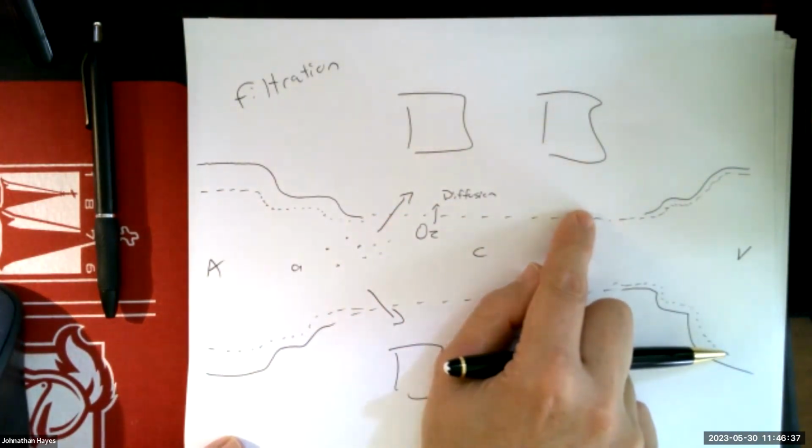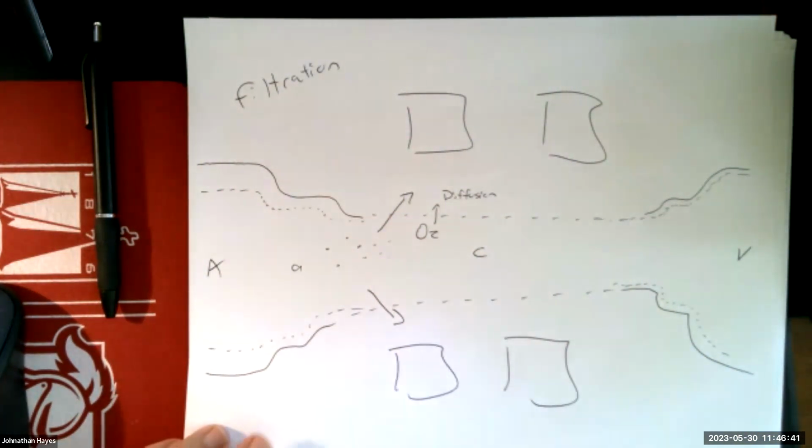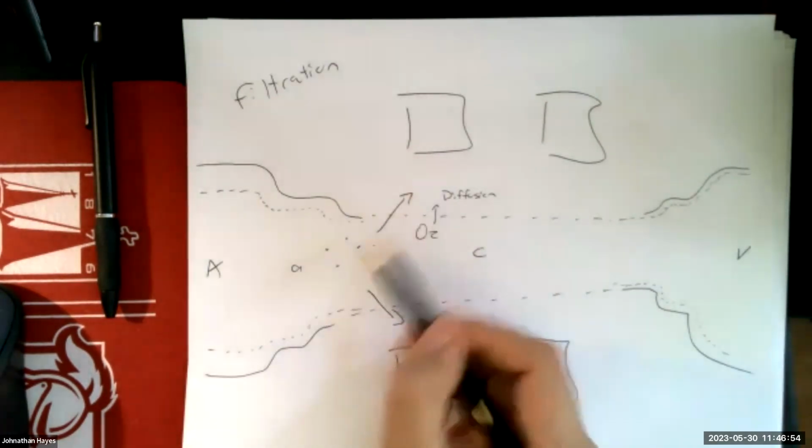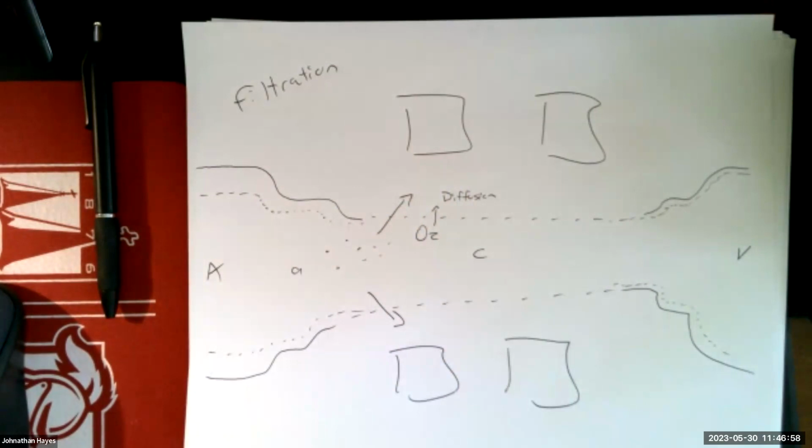So where are places in the body that we see a lot of simple squamous epithelium? Capillaries, alveoli, lymphatic capillaries and vessels. But O2 can diffuse out, and then all the substances and ions can be filtered out, right? And that will occur on the arterial side of a capillary.